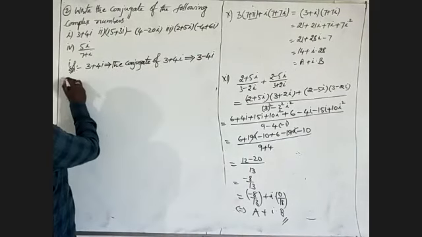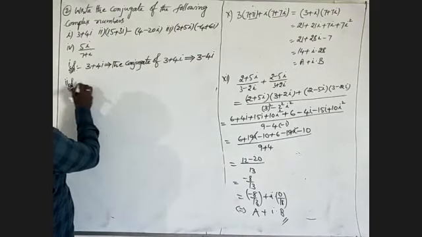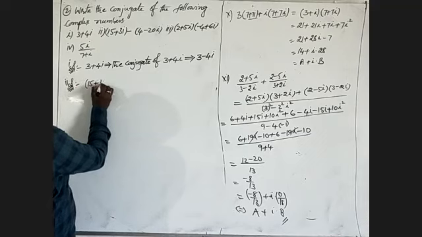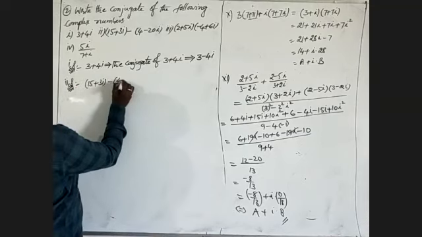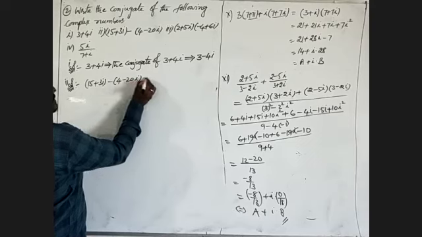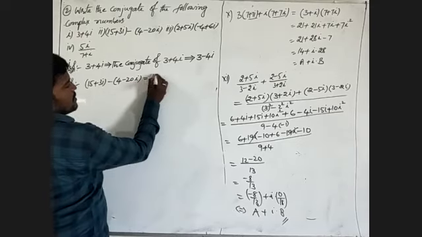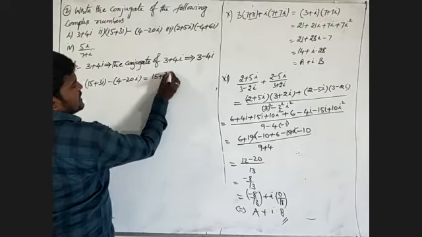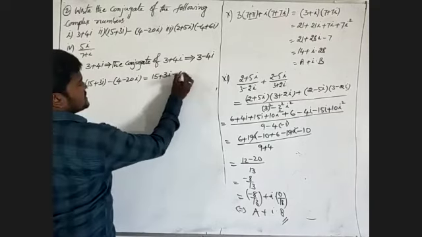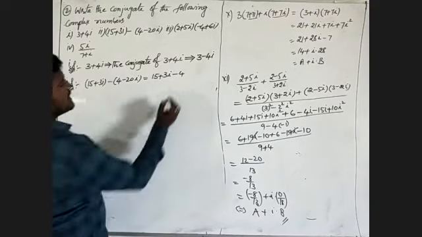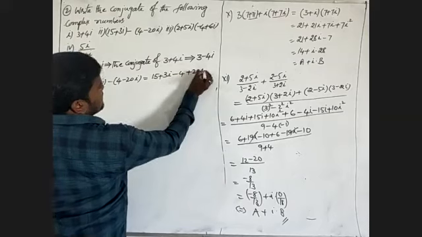Now I am going to the second one. That is 15 plus 3i minus 4 minus 28i, which is equal to 15 plus 3i minus 4. Minus into minus is plus, remaining is 28.